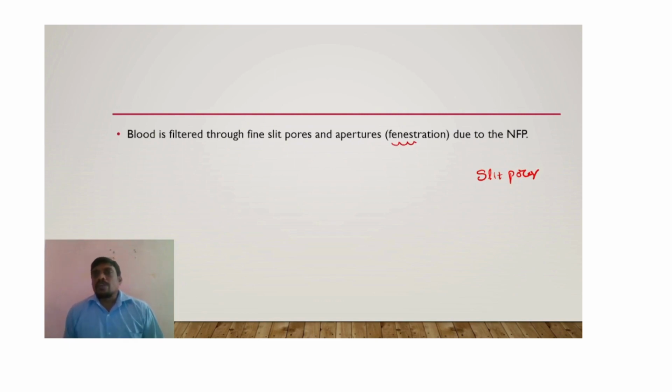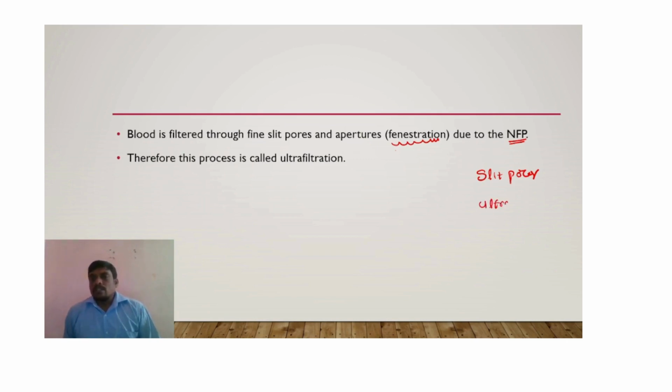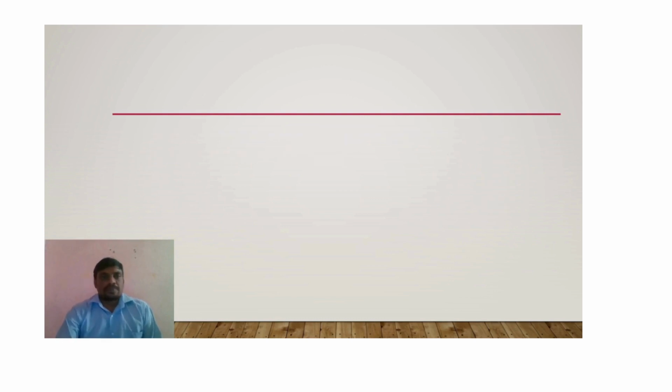In textbooks it is mentioned as fenestration, nothing but apertures or slit pores. These slit pores are able to filter because of the specific net filtration pressure. Therefore, this process is scientifically called ultrafiltration.